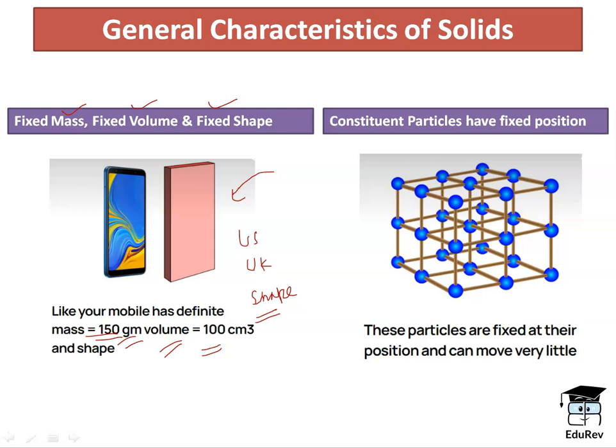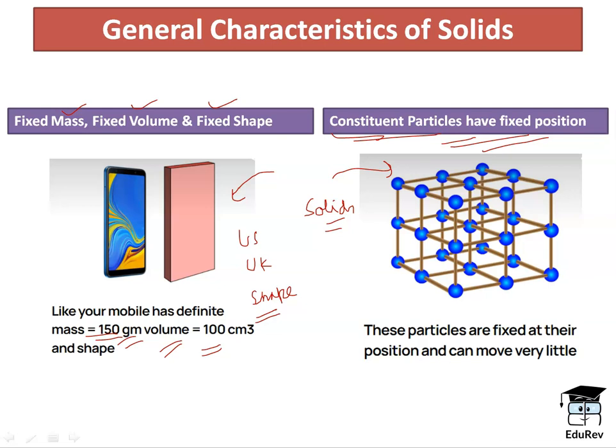The second characteristic of solid is that the constituent particles of solids have fixed position. Here, what are the constituent particles? As we know, everything in this world is made up of particles, and so are solids. In solids, the particles are arranged somewhat like this.